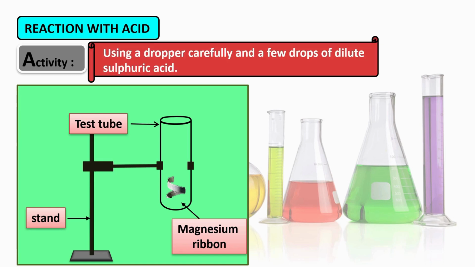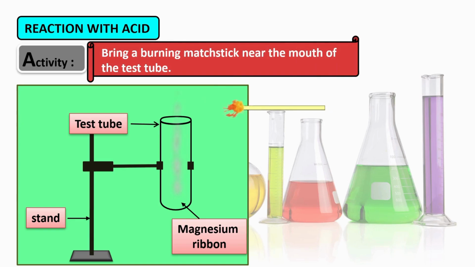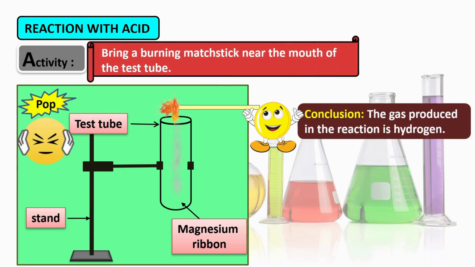Using a dropper, carefully add a few drops of dilute sulfuric acid. Bring a burning matchstick near the mouth of the test tube. Conclusion: the gas produced in the reaction is hydrogen.